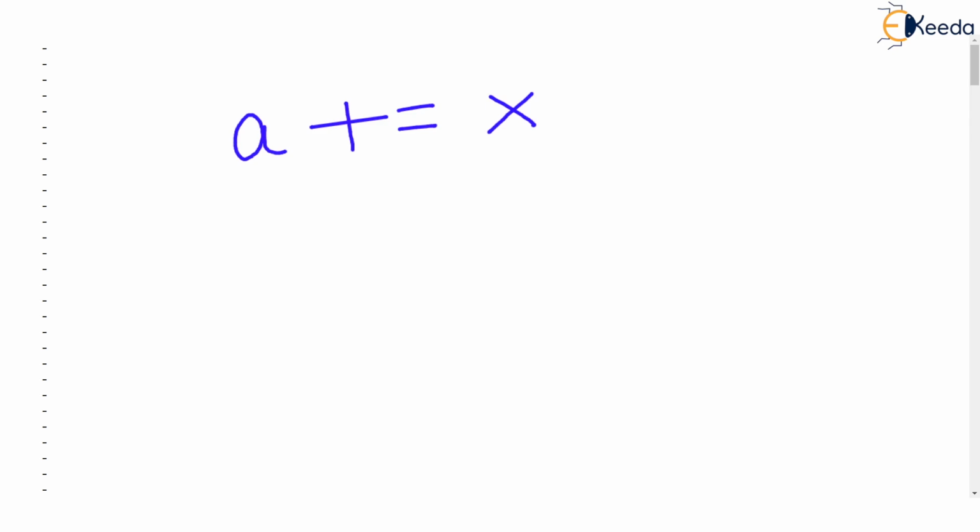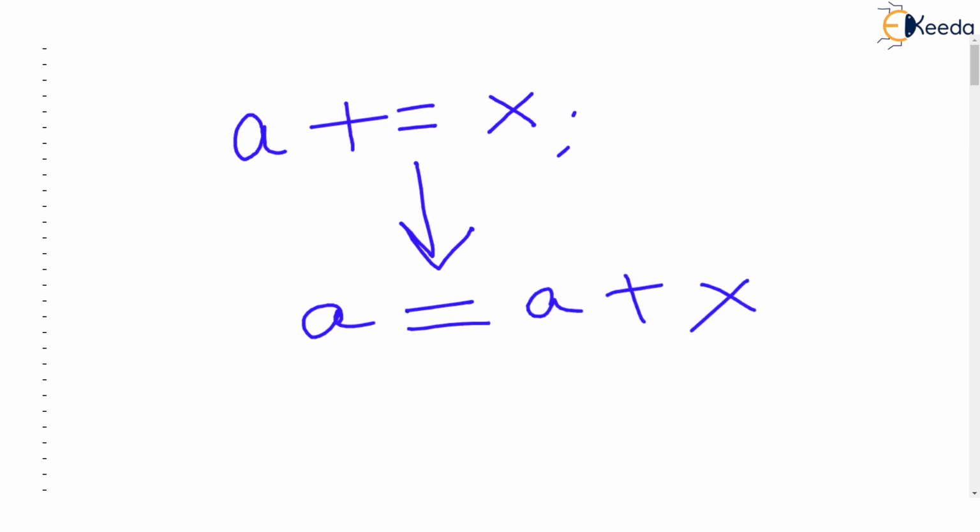Then internally in C, this line is A equal to A plus X. Whatever is written to the left of plus equal to, that is A, is added to the right hand side. So A becomes A plus X.